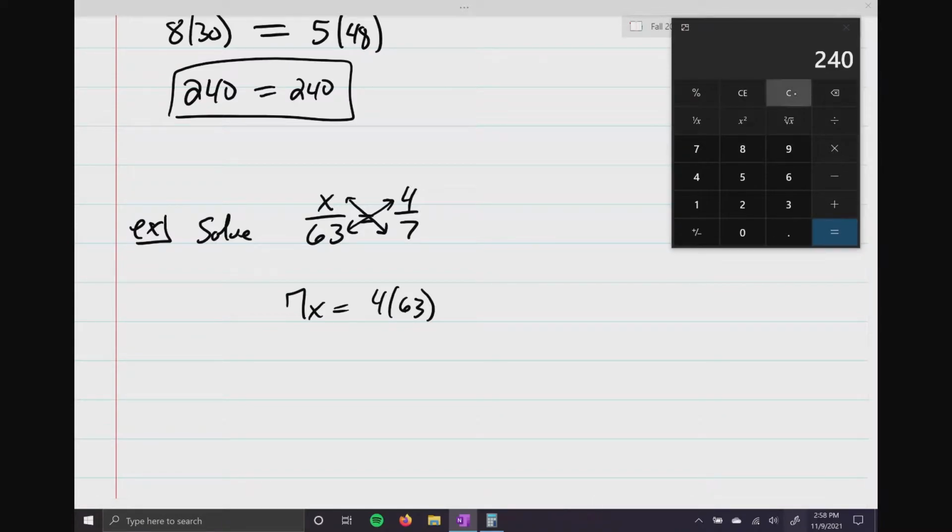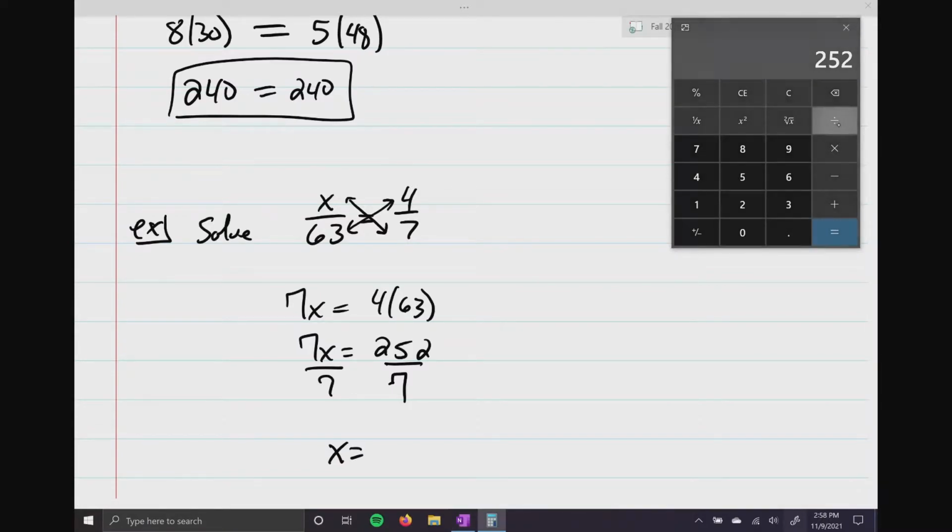Now, we know 4 times 63 is going to be 252. So the only thing I need to do here is just divide both sides by 7 to solve for x. So x is going to be 252 divided by 7, which is 36.